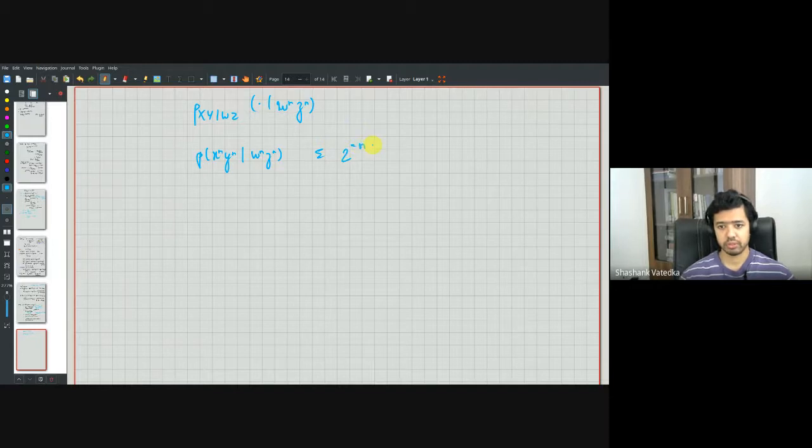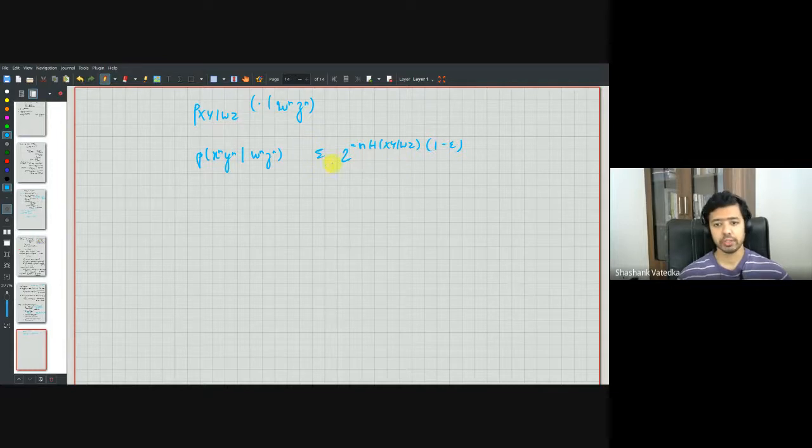So roughly, it's going to be 2 to the minus n times h of xy given wz times 1 minus epsilon. Whenever you have xy given wz, it's always going to be 2 to the minus n times h of xy given wz.